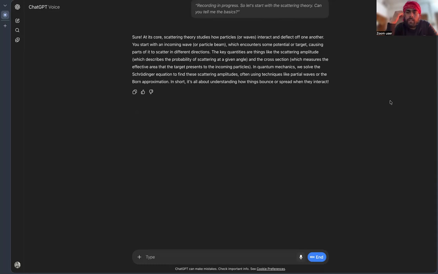And the cross section measures the effective area that the target presents to the incoming particle. In quantum mechanics we solve the Schrodinger equation to find the scattering amplitude, using techniques like partial waves or the Born approximation. In short, it tells us about understanding how things bounce and spread when they interact.